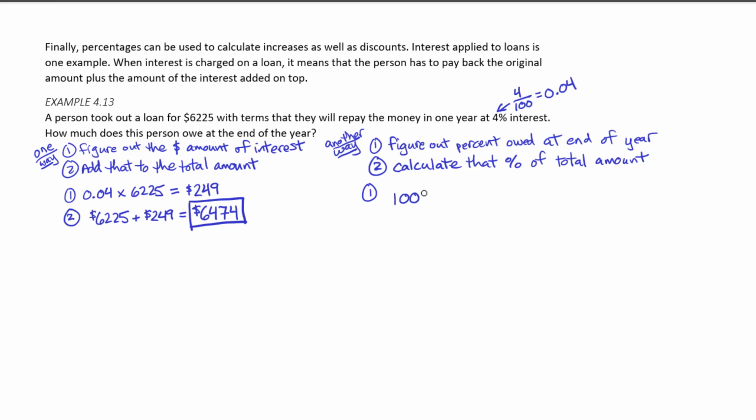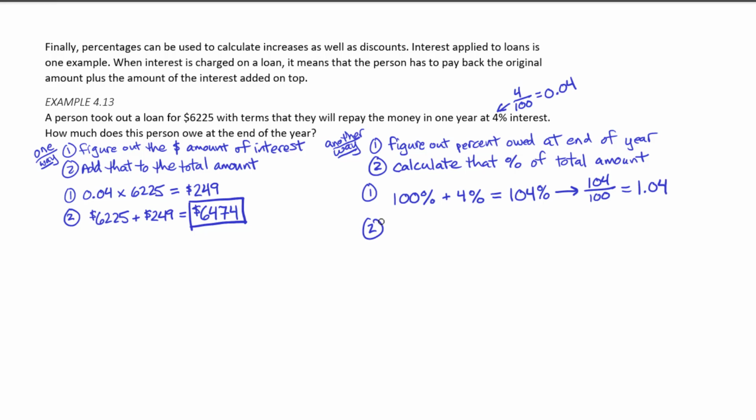So to do the problem this way, the percent owed at the end of the year is all of the money that they borrowed to begin with, which would be 100%, plus the 4% interest. So the amount owed at the end of the year would be 104%. We know expressed as a mathematical percentage, 104% is going to be 104 divided by 100, which equals 1.04.